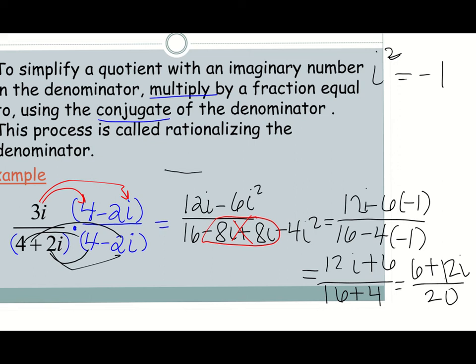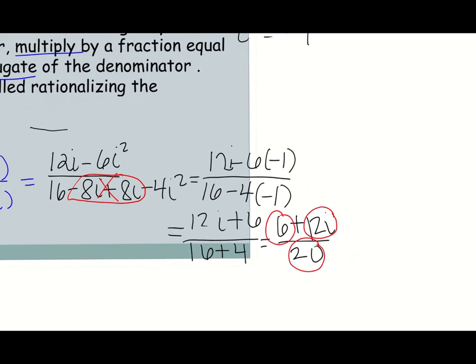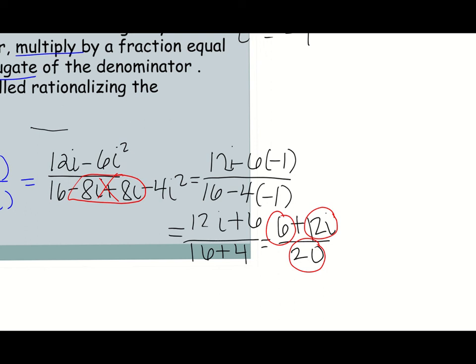Now, awesome, super fantastic if you can get to this point. However, I can go ahead and simplify this a little bit further. So if I have 6 plus 12i divided by 20, I have 3 different terms here. So I have 6, 12i, and 20. Well, each of these pieces can have a 2 taken out. So I could divide out a 2 from my answer here. So if I take a 2 out of 6, I have 3.